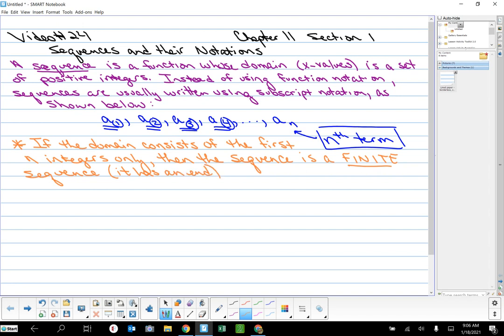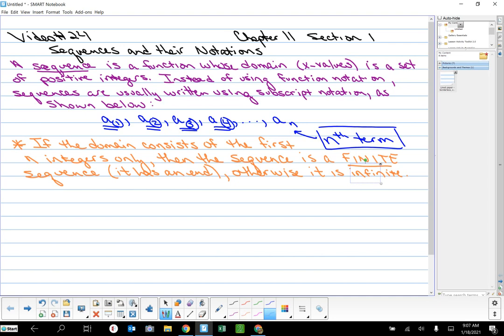An infinite sequence does not. So otherwise, it is infinite. Okay, and you'll be able to tell the difference when you get involved in these a little bit more deeply.